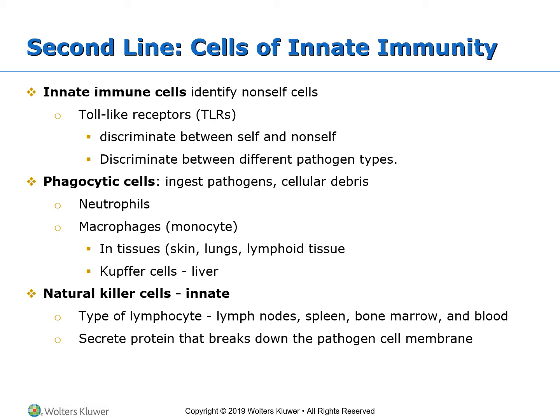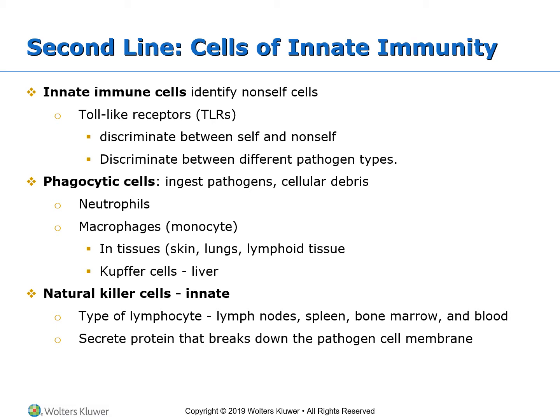And the third type of element that is involved in the second line is called the natural killer or NK cells. This is a very special type of lymphocyte that is different from those that will be active in the other type of immunity, in the adaptive type of immunity.